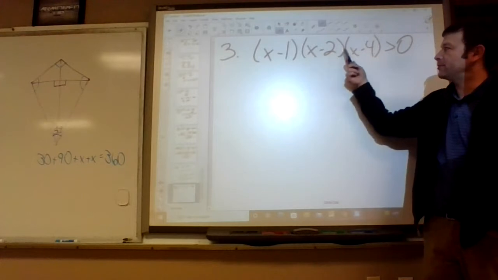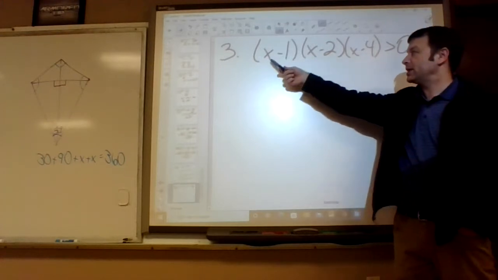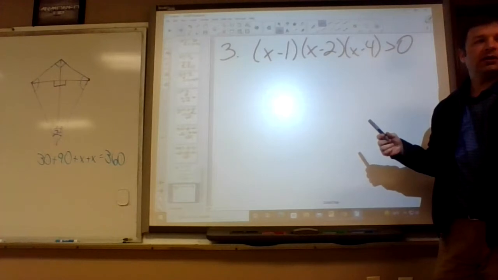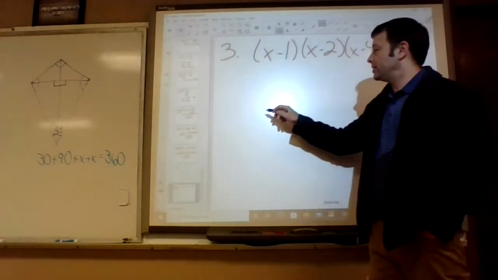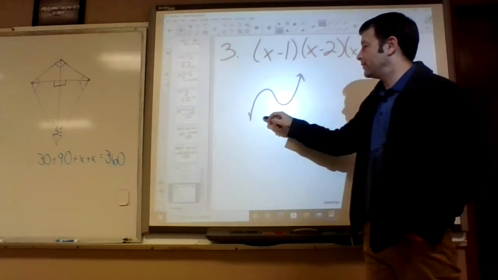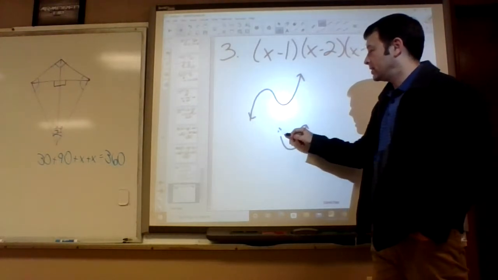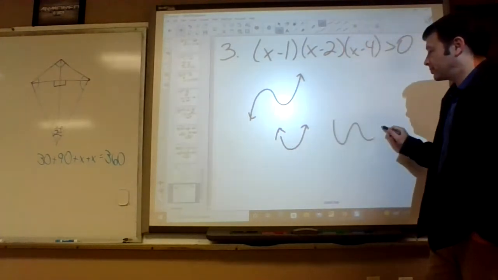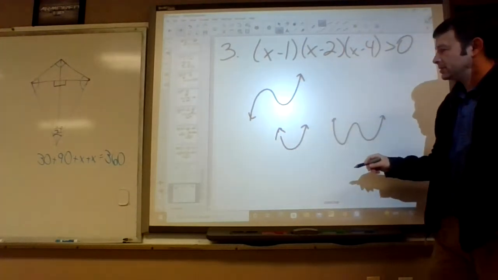That would be the degree. It's got one more curve than the parabola does. x squared looks like that, x cubed looks like that, x to the 4th would look like this.